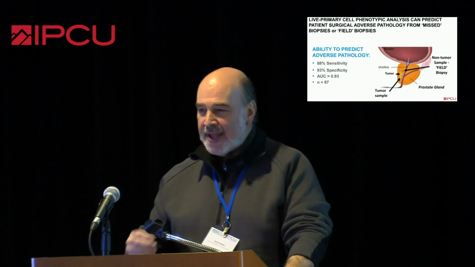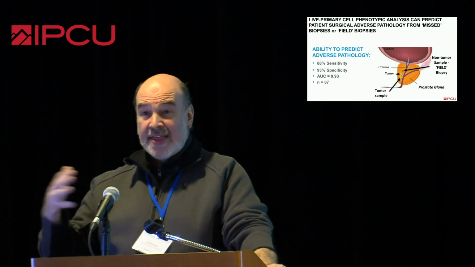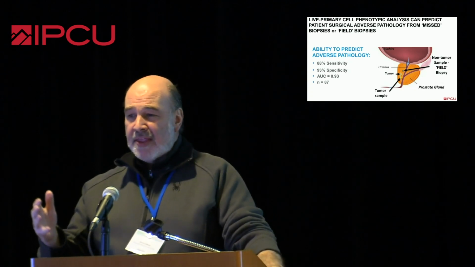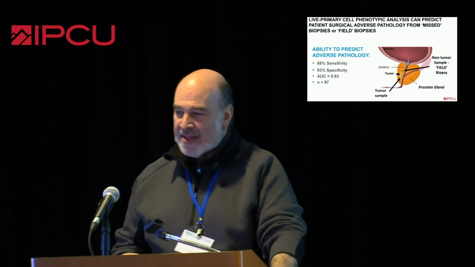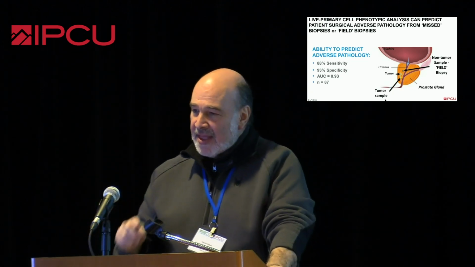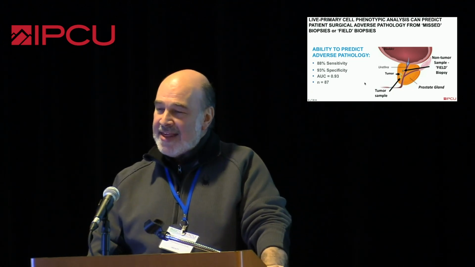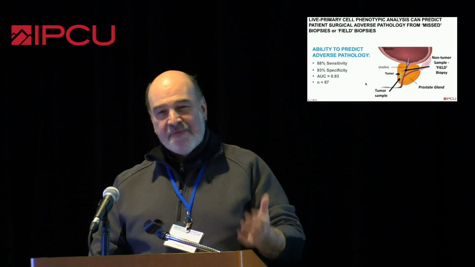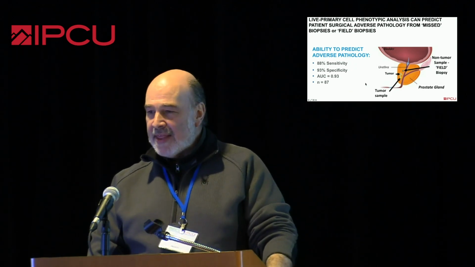And what we found, and these patients all had tumor, is that there was a very high sensitivity and specificity area under the curve. Now, interestingly enough, there weren't a lot of specimens, only 87 specimens.